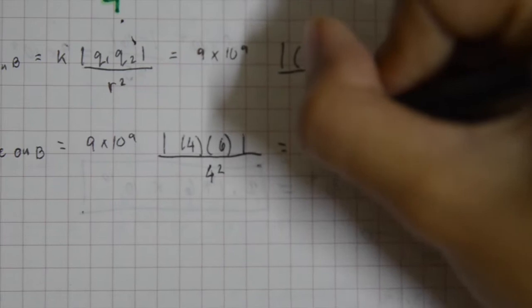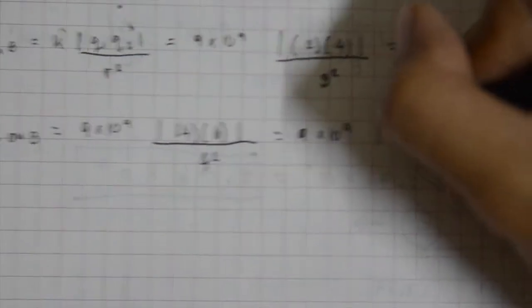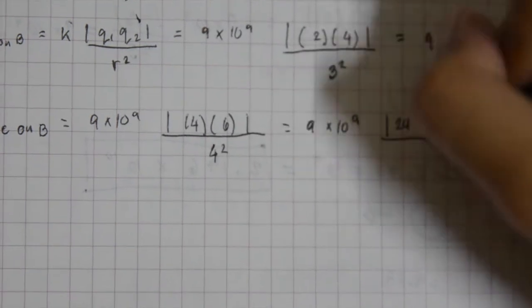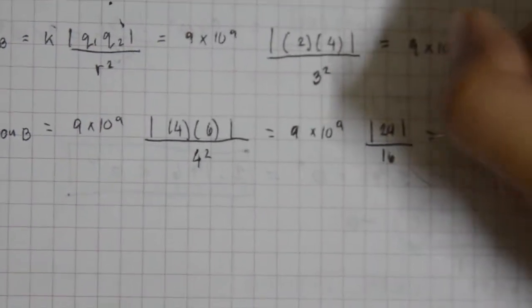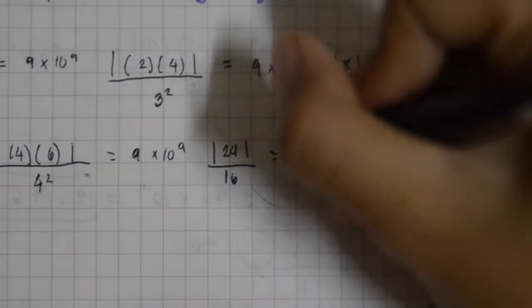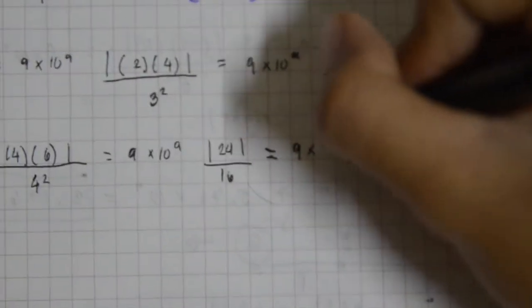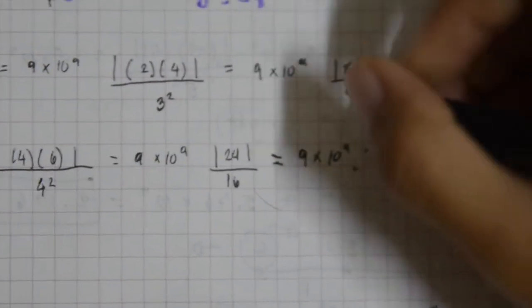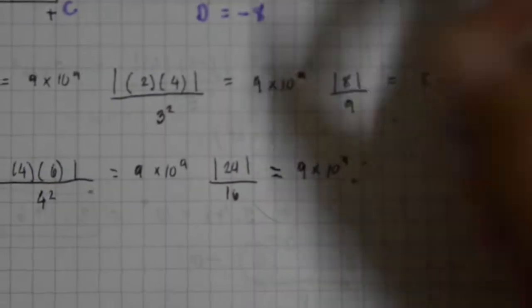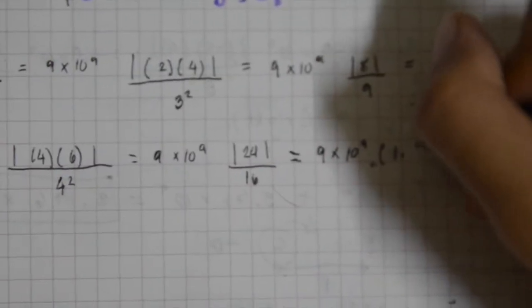We have 9 times 10 to the 9th, and here we have 24 and 16. We can simplify it to 9 times 10 to the 9th times 1.5.